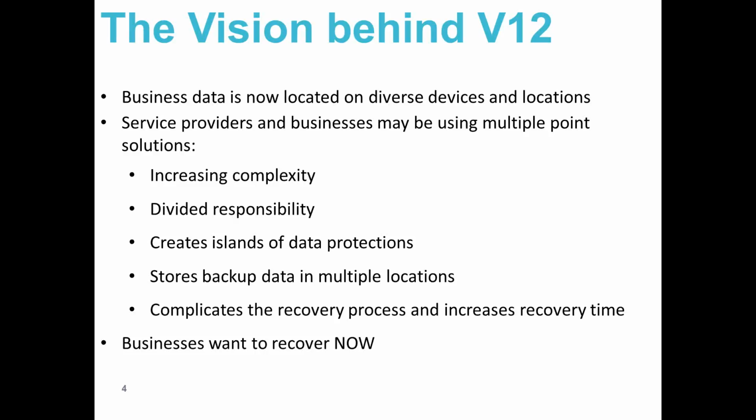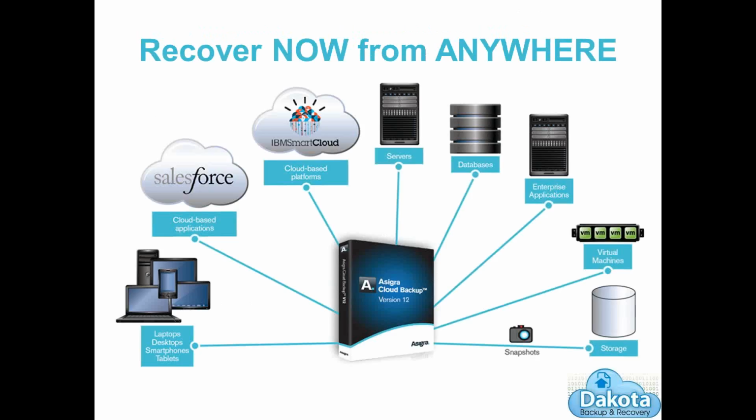And the third, in today's electronic business climate, most companies simply cannot operate without their critical data, and they need recovery now. Asigra Cloud Backup version 12 continues on our vision to solve these 3 major issues facing our business customers. We believe that data protection is going to, over time, become an attribute and an integral part of computing in general.